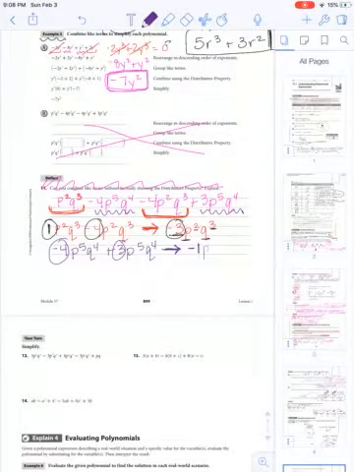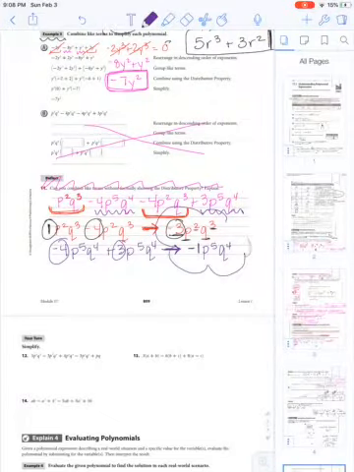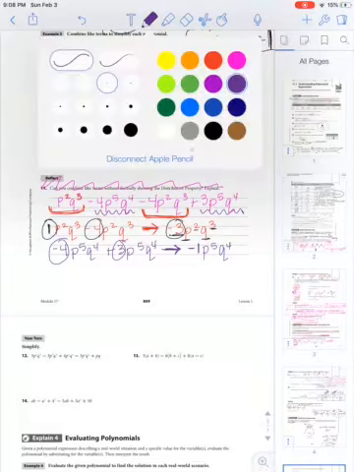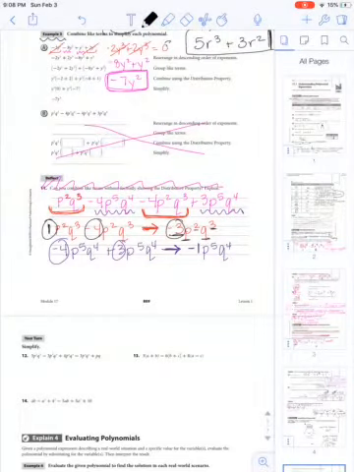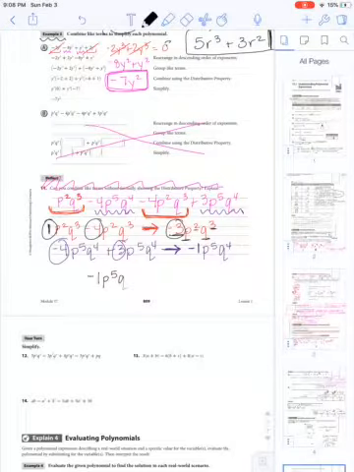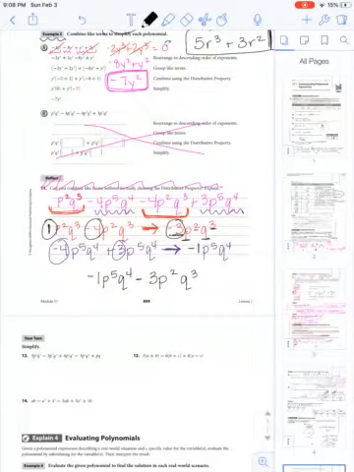So I have negative 1, p to the 5th, q to the 4th, and now I'm going to put these together, and so my final answer is going to be negative 1, p to the 5th, q to the 4th, minus 3p squared, q to the 3rd.